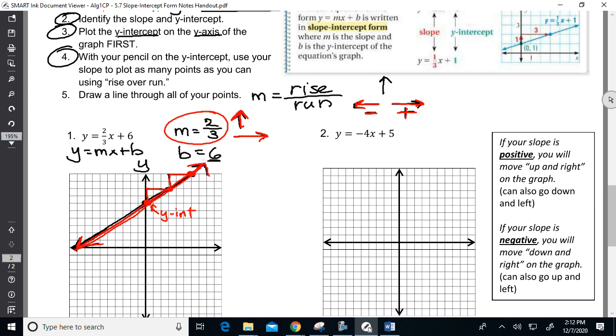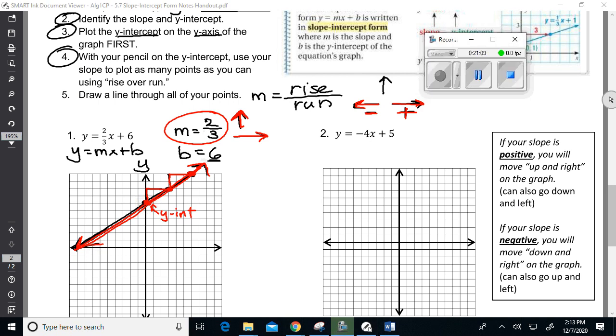Any other questions? Example 1. All right. So what I'm going to do is I'm not going to rush.